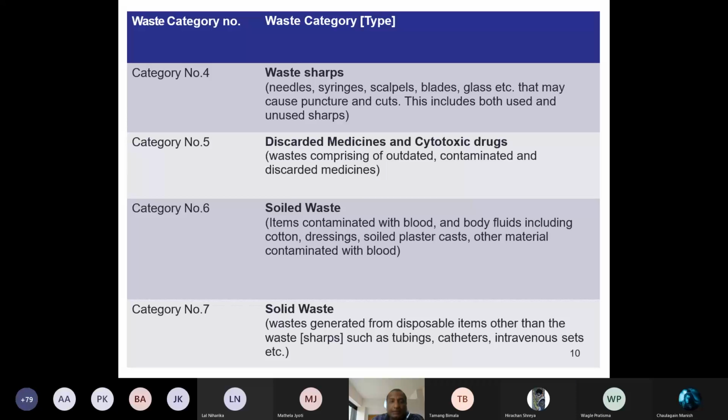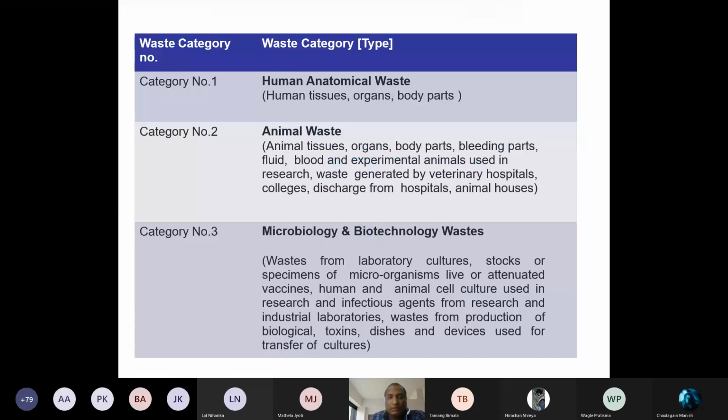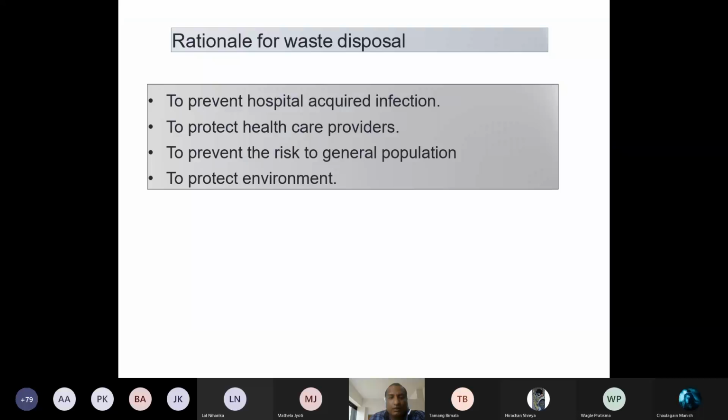Again, if you see the previous slides, we can categorize in these categories also, and then I'll tell you about these things one by one. At least you know healthcare or hospital waste management consists of collection, and after collection you have to transport it to a place established within the hospital.